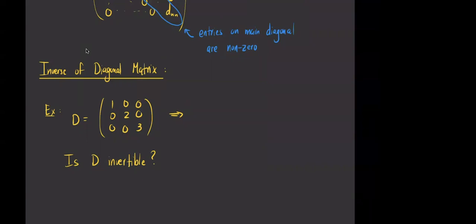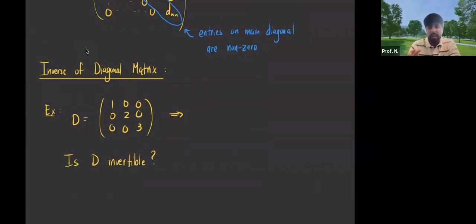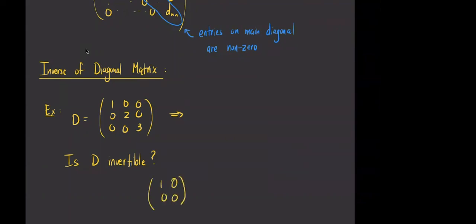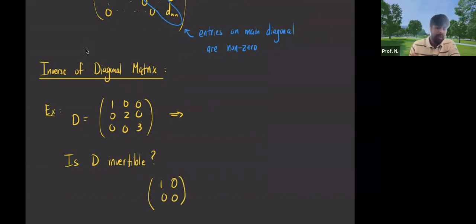Because not all the entries are zero. Is that right? That's not a sufficient reason for why a matrix would be invertible. For example, I'll give you a matrix that's not invertible, but that satisfies what you just said: not all the entries are zero. This is a non-invertible matrix, but the entries are not all zero.